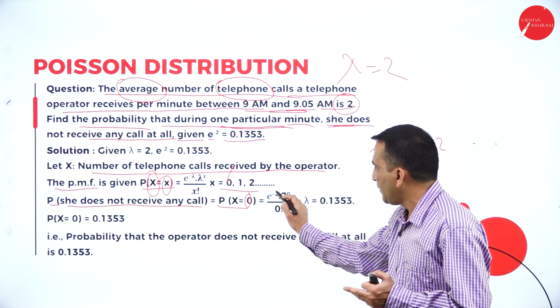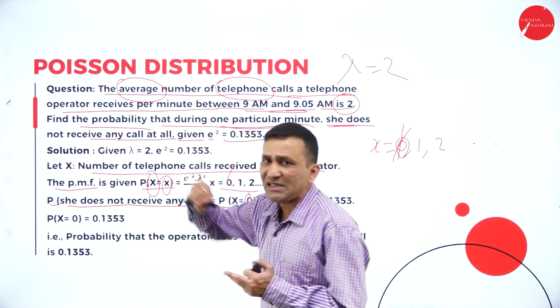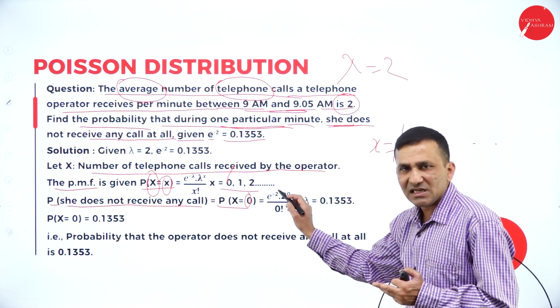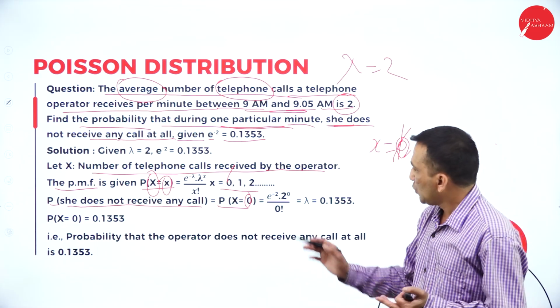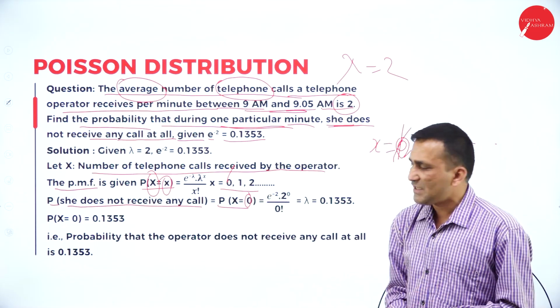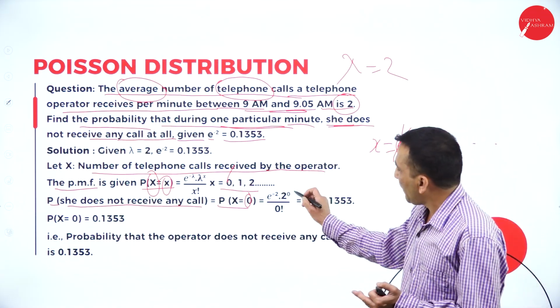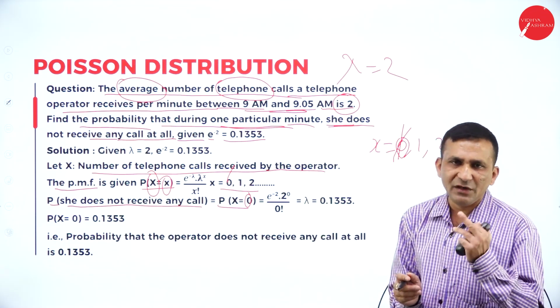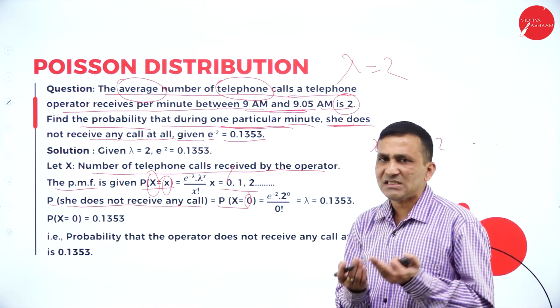So e to the power of minus lambda, the lambda value we know because they specified the average in the question. So in the minus lambda place, we are writing minus 2. And in the lambda place we are writing 2 to the power of 0, because she is not receiving a call. So 0 factorial. Anything to the power of 0 always gives the value 1. So when divided by the denominator, 0 factorial is nothing but 1.